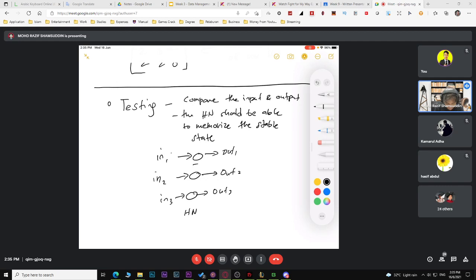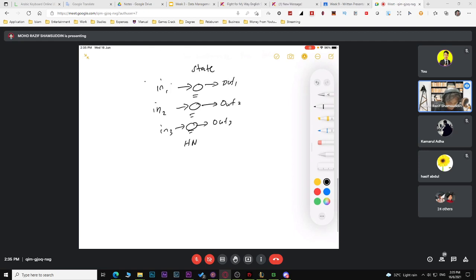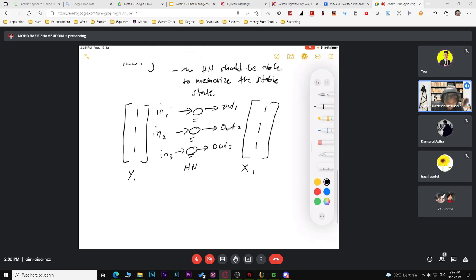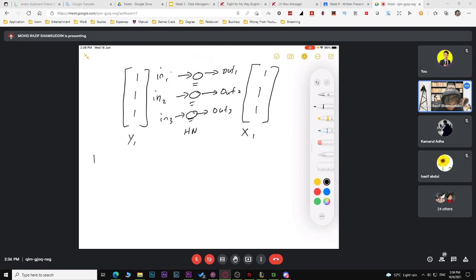So the input must be equal to the output. For example, if we present the network with a stable state Y1, the output will be the same. And you have to test for both.